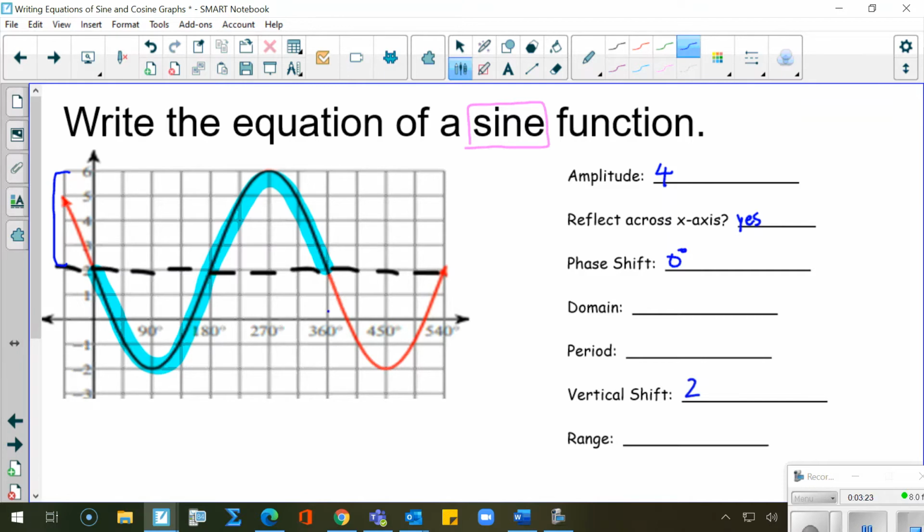The domain of one phase starts at 0 degrees and ends at 360. The period of one phase is 360 minus 0. And the range is minimum to maximum.